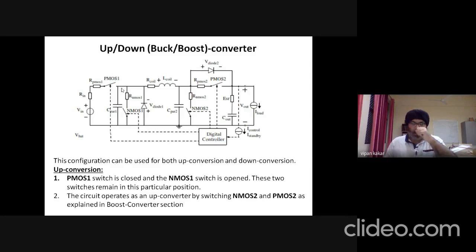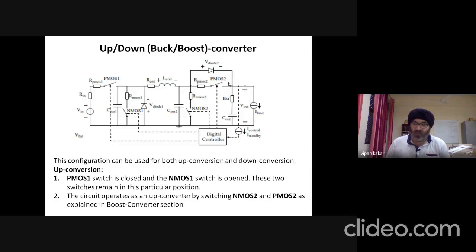So if we want to use this particular circuit, this portion shows a boost converter portion or up portion, and PMOS 1 and NMOS 1 combined will give us the buck portion of the converter. PMOS 2 and NMOS 2 combined will give us the boost portion of the converter.